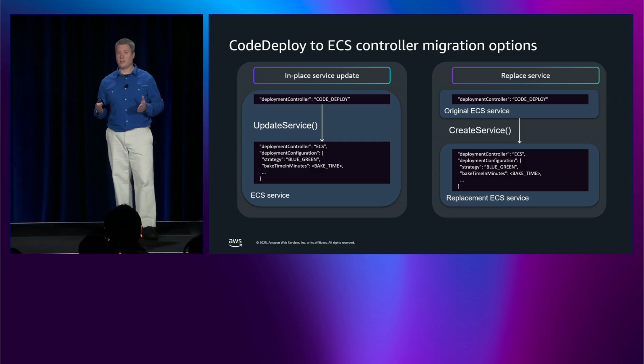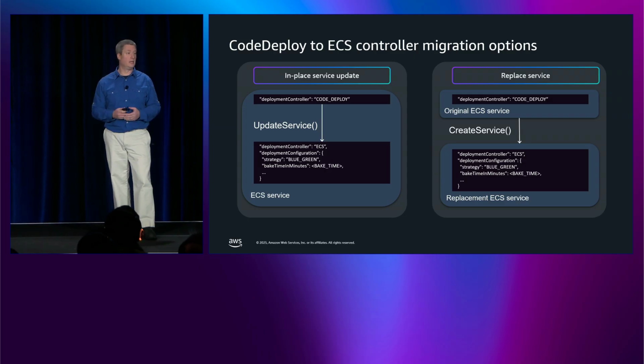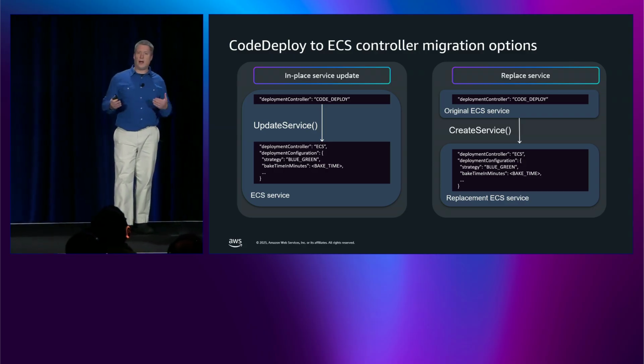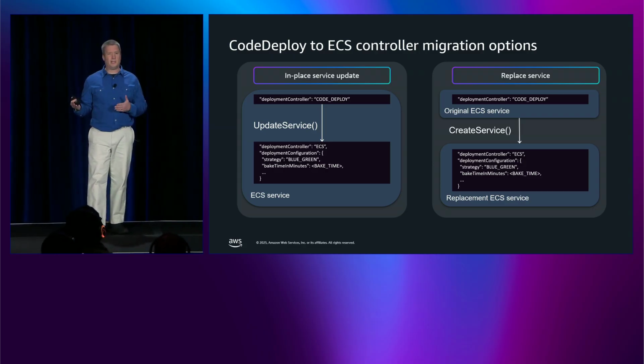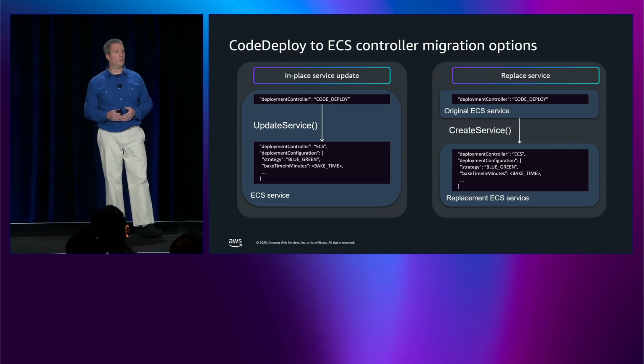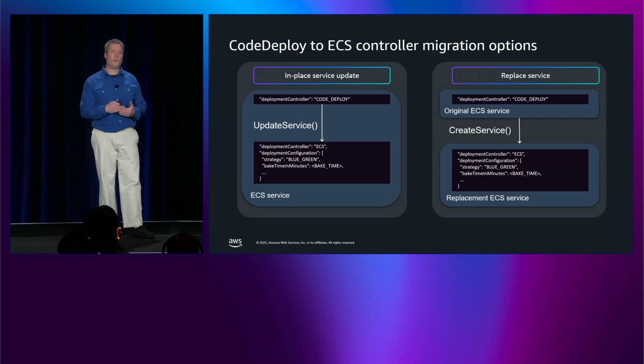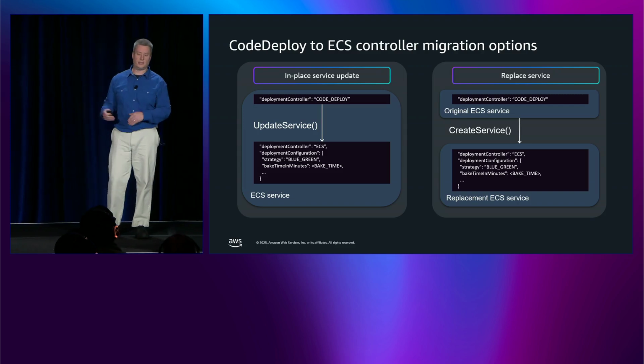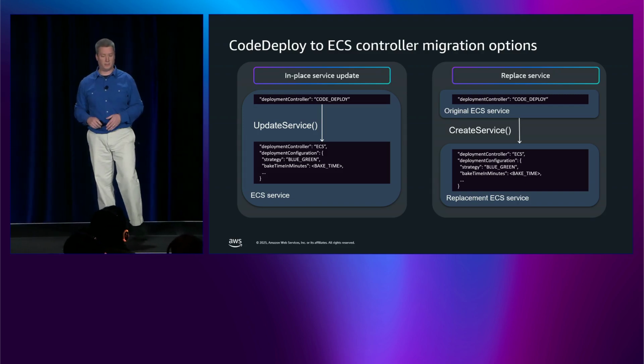Again, you'll need to add the advanced configuration blocks and the load balancers all together, because if you're using CodeDeploy, the load balancer configuration is actually in CodeDeploy land. The other option is to make a replacement service and do that migration in a more controlled way. So if you want to test out the hooks and the process a little bit, you can just create a second service and then migrate.